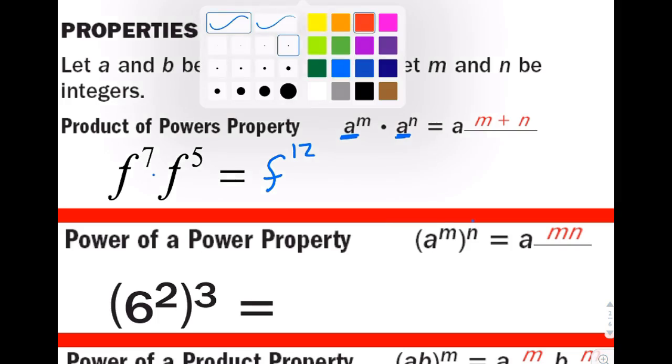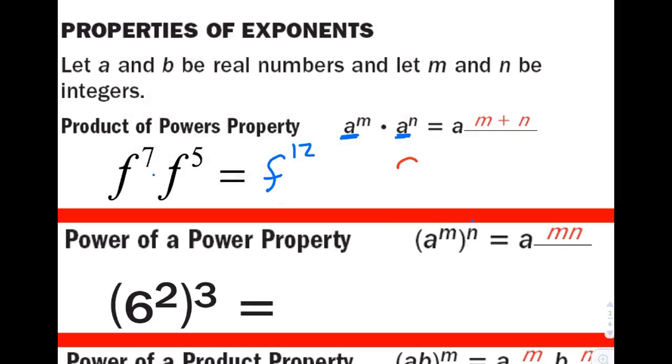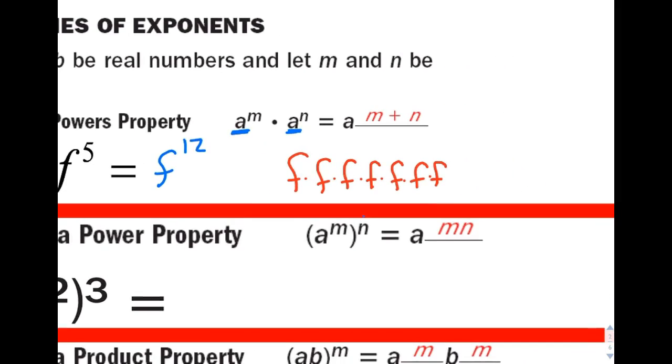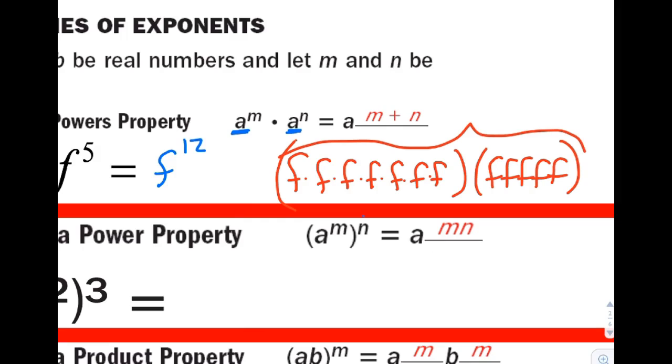And we could show that by writing out f to the 7th. We know that is f times f 7 times. F to the 5th is f 5 times. And if we look now at the total, we've got 12.